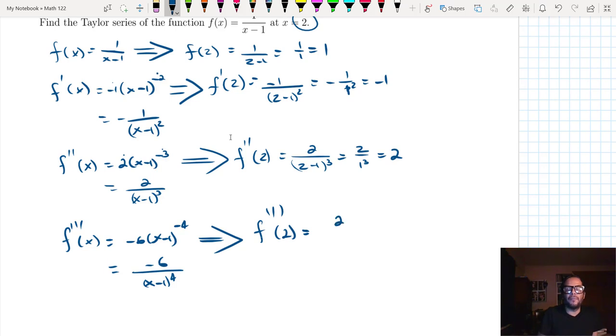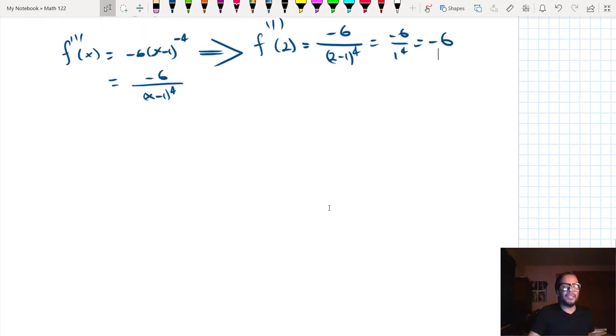Actually, it's not 2, I was copying the number above. Negative 6 divided by, it doesn't have x anymore, so 2 minus 1 to the fourth power. Negative 6 times 1 to the fourth power equals negative 6.